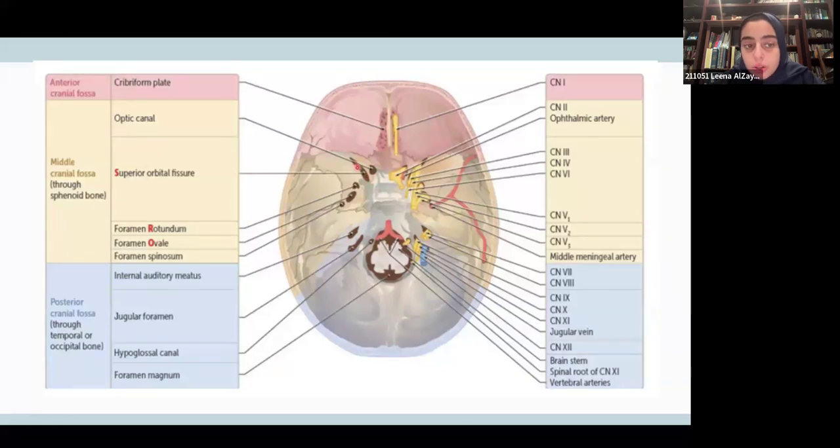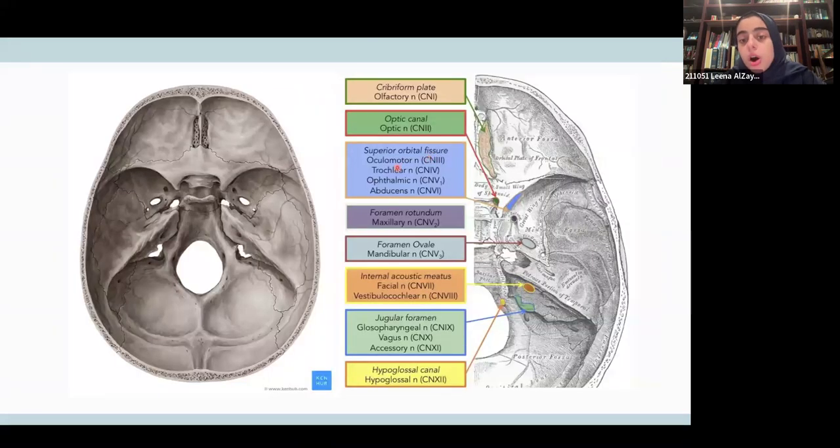The superior orbital fissure has three nerves and a half that come out of it. The 3rd, 4th, 5th, which is oculomotor, trochlear, ophthalmic, and abducent nerve. And the ophthalmic nerve is a branch of the trigeminal nerve.